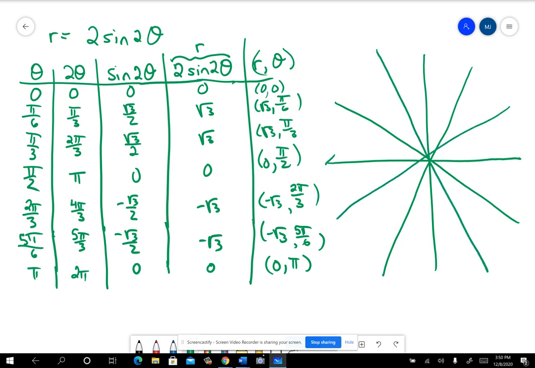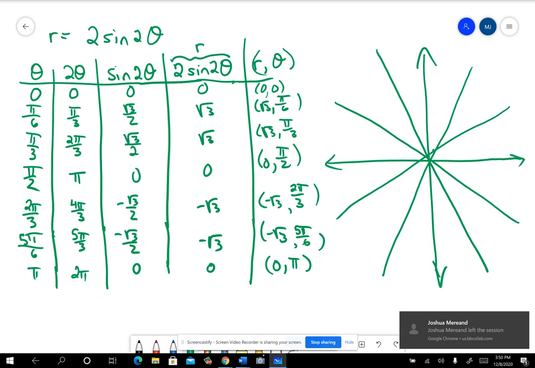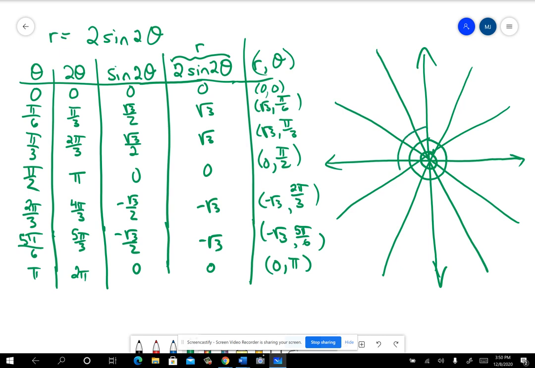There's your 30, 60, 90s, okay. And so when you start trying to do those on a polar graph, you're going to have these rings coming out from there. You're going to want to know the decimal for the square root of 3. So square root of 3 is about 1.73.